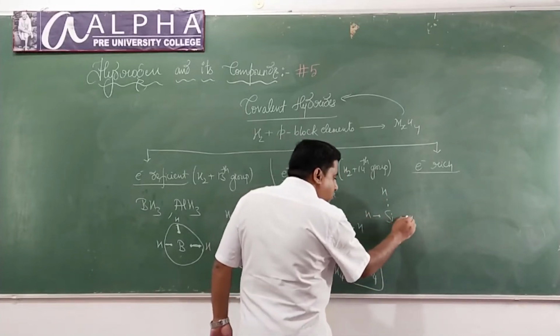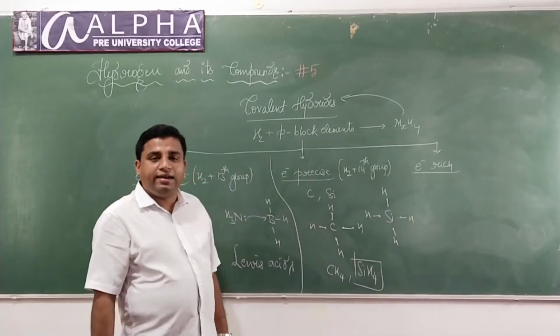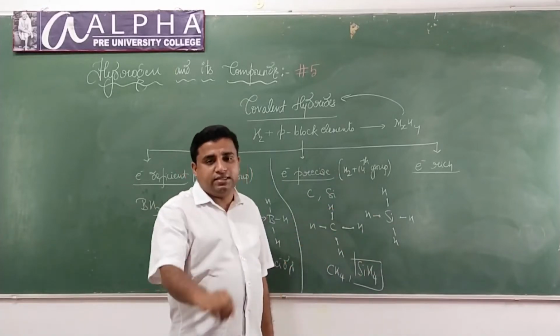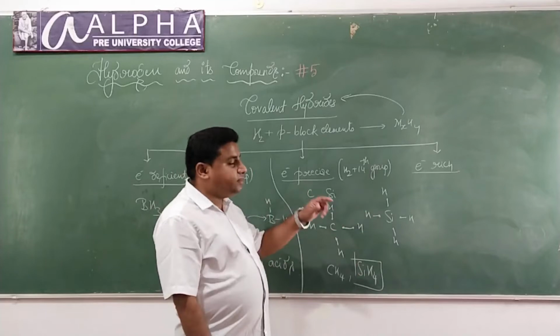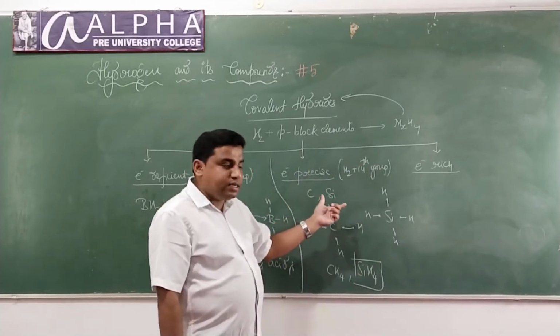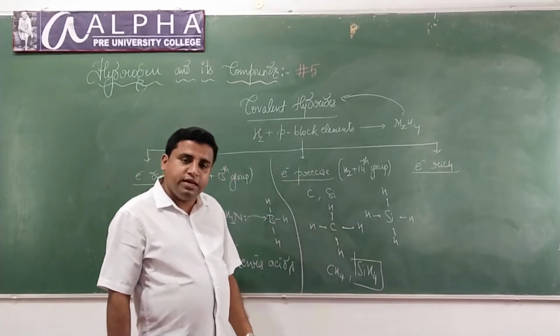Check the number of electrons around silicon: 8 electrons. It wants 8 electrons and has 8, therefore it is electron precise. So whenever hydrogen combines with 14th group elements like carbon and silicon, it forms electron precise hydrides. Is that simple?